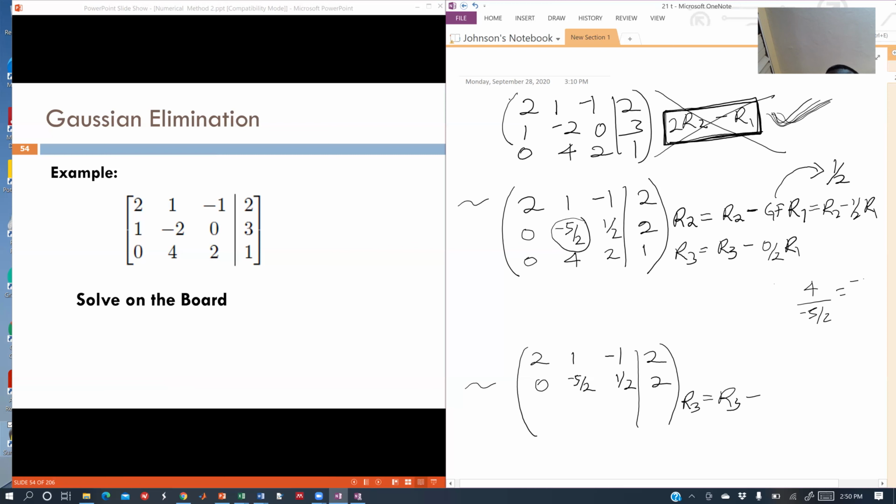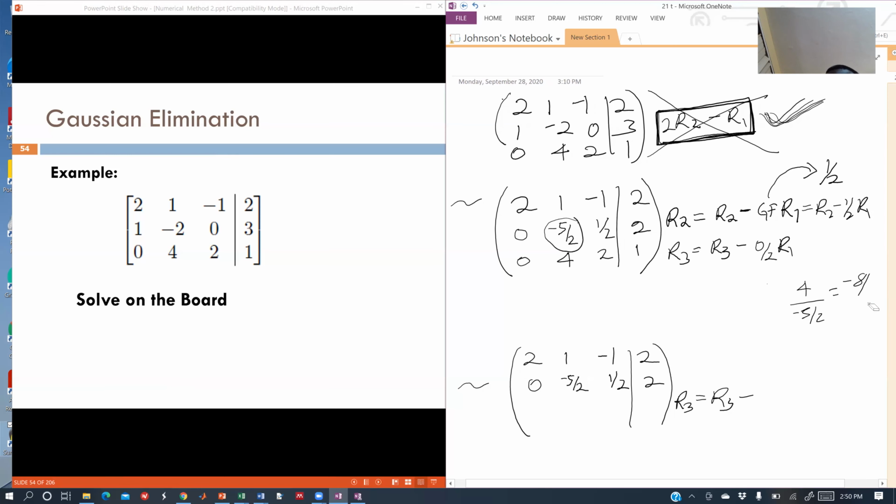That will give us negative 8 on 5. So with negative 8 on 5, we have negative 8 on 5 times row 2, which is our pivot row.